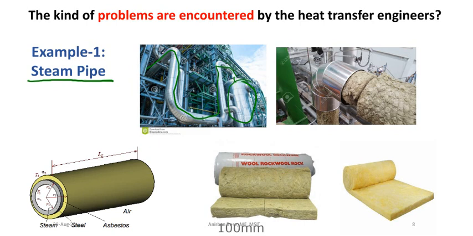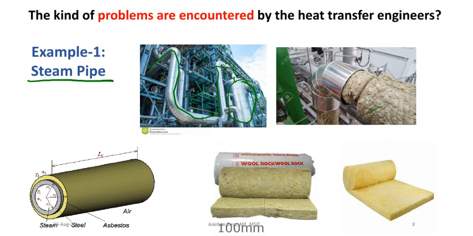So what is done? It is required to insulate the pipe so that the heat loss is minimized. Here you can see the insulation is given with the help of mineral wool. These mineral wools are very common for steam pipe insulation.